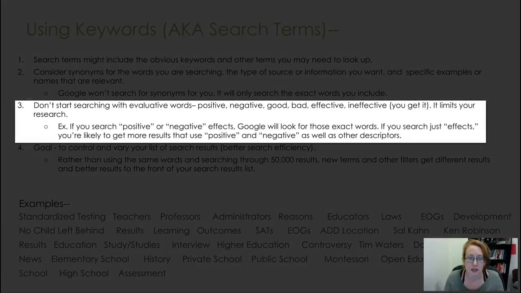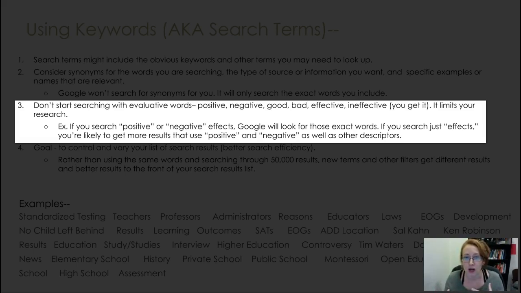Another tip is when you're thinking about these keywords, don't start with the evaluative stuff like positive, negative, good, bad, effective, ineffective, because again, it's going to search the words you put in. So if you're looking for effects of something and you search negative, it's going to look for that word negative.